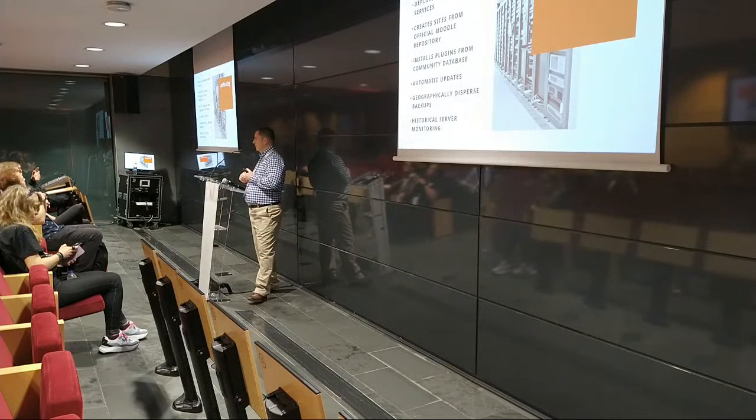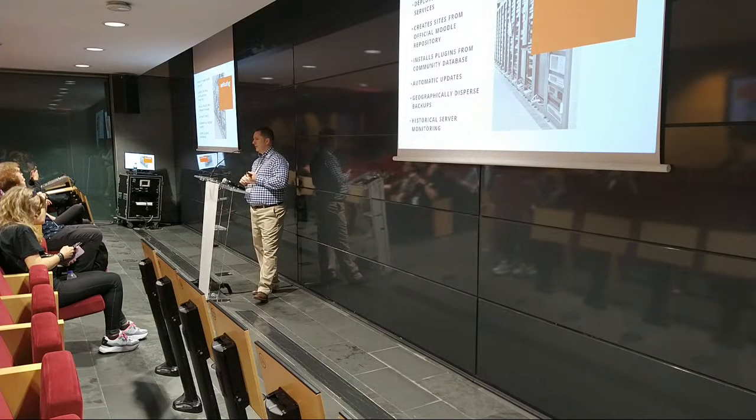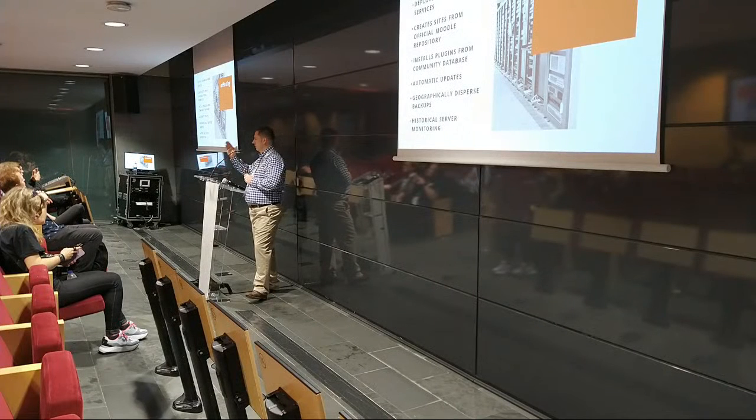It will install plugins and keep those up to date and make sure the right ones are getting installed. It'll automatically take care of those updates, geographically disperse backups, and history of monitoring the server. So what kind of growth projections, or looking back if there's an issue report, being able to see we had a spike in some type of usage or some particular bottleneck, and be able to map that up with what happened at the time.